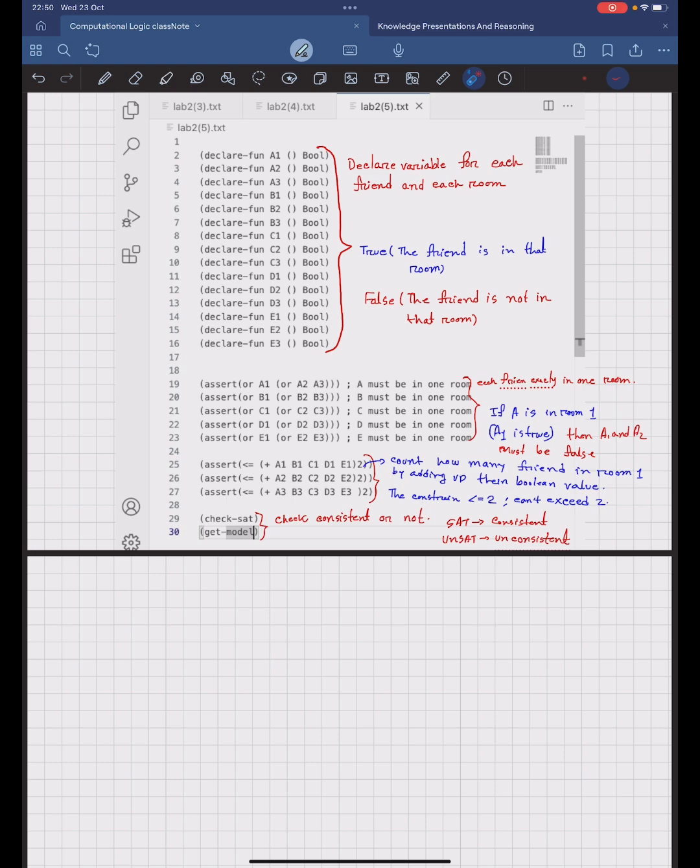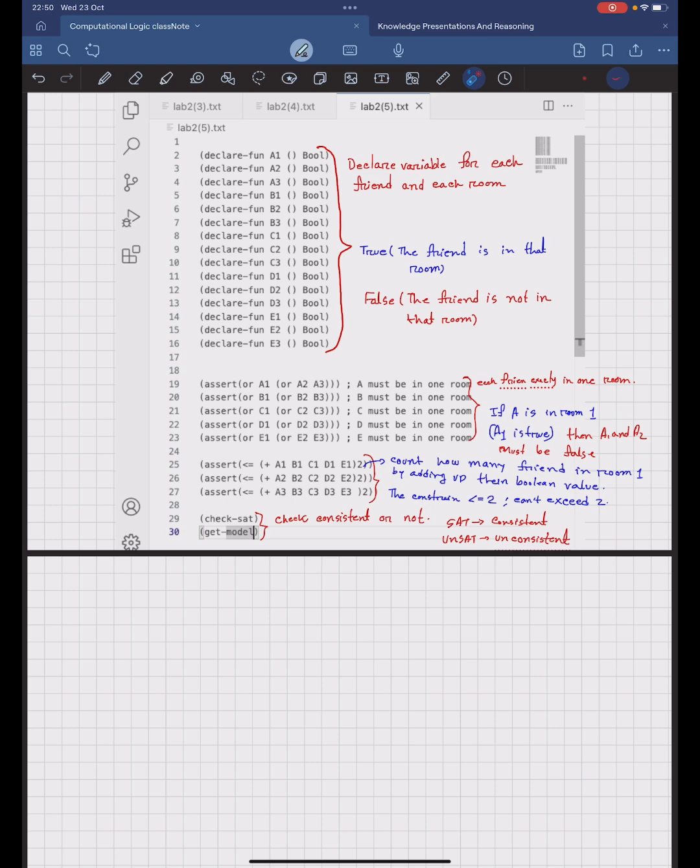So in room number 1, maybe your A friend, B friend or C friend stays, but they cannot live together. Ensure that each room has at least one friend, so we check in there.